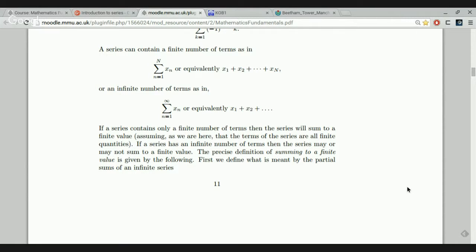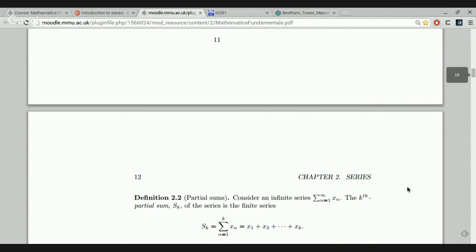A large part of this chapter is getting tools that allow you to say that a certain infinite series has a finite sum. So you add together an infinite number of things and end up with just a number as the answer. That seems a bit strange if you've never encountered it before.